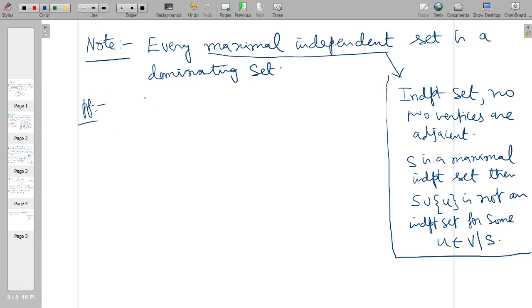Let S be a maximal independent set. What is the definition of a maximal independent set?